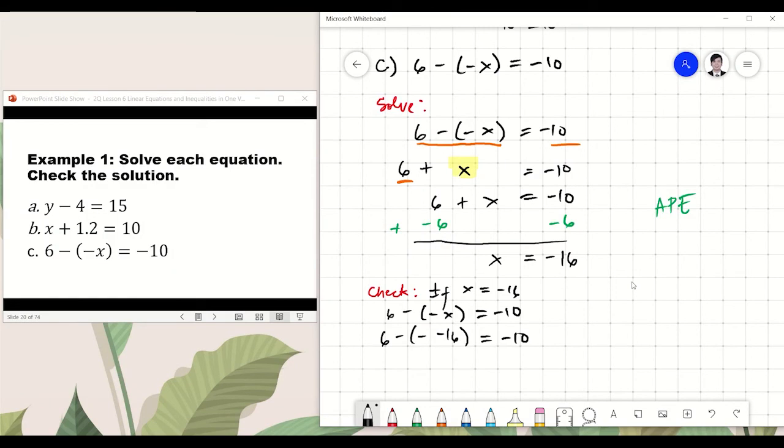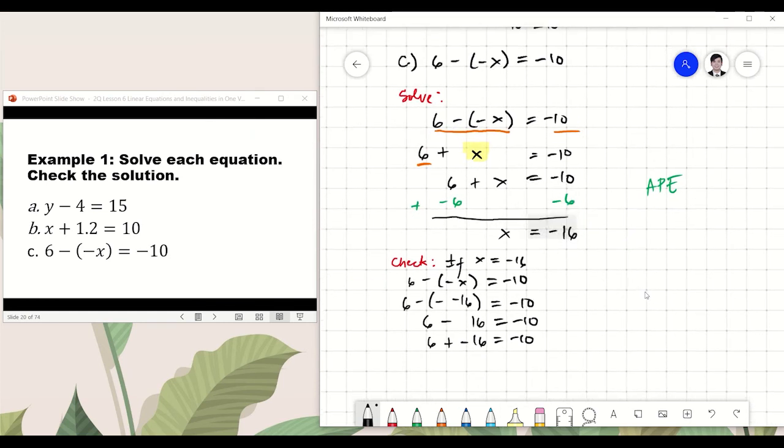Kapag magkasunod yung dalawang negative sign, magiging positive na siya. Kapag minus, change to plus, then get the opposite of the subtrahend, which is positive 16 to negative 16. And kapag mag-add tayo ng 6 plus negative 16, yung resulta is negative 10, which is now equal to the right side. So, tama yung nakuha natin. Therefore, negative 16 is our solution.